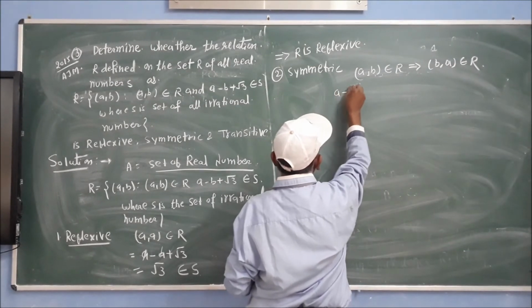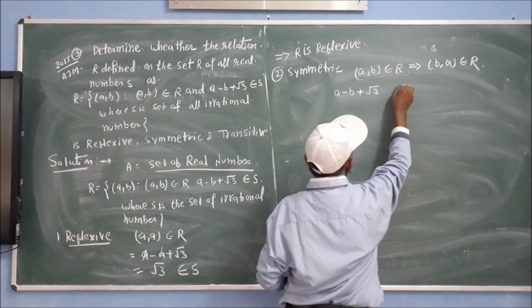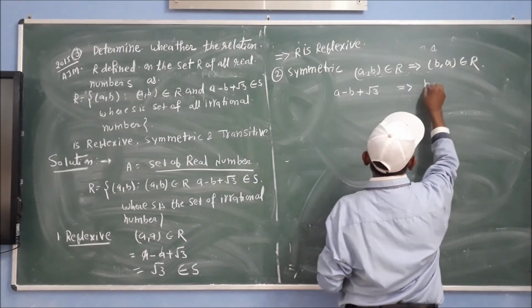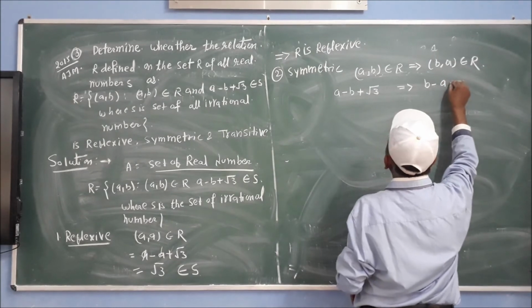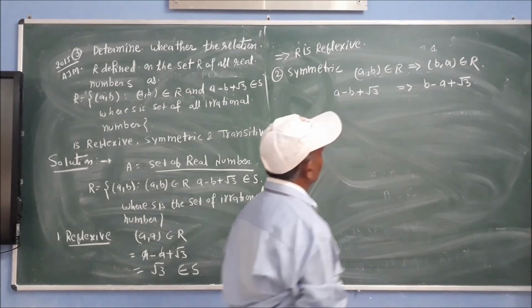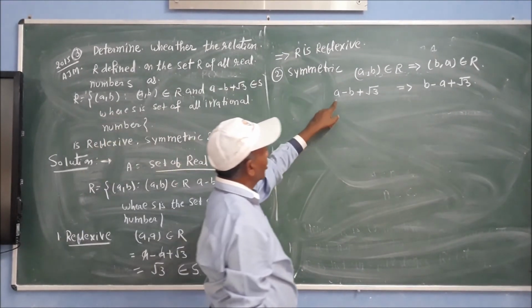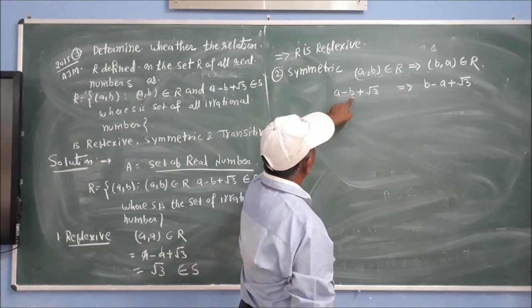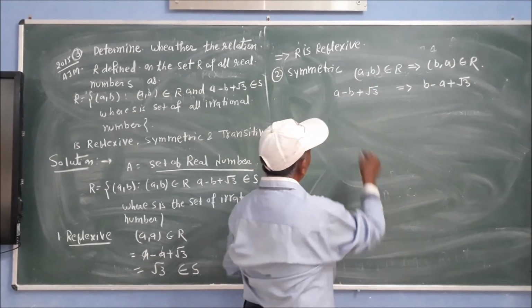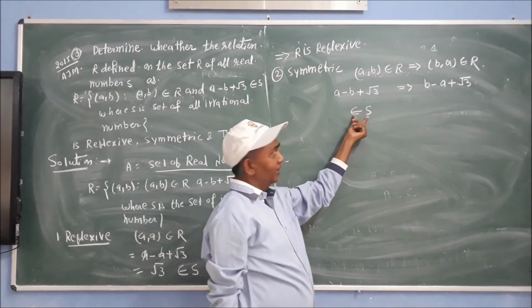This means a minus b plus root 3 implies b minus a plus root 3. What are a and b? Both are real numbers, but root 3 is an irrational number. So you can say this belongs to S, or this is an element of S.